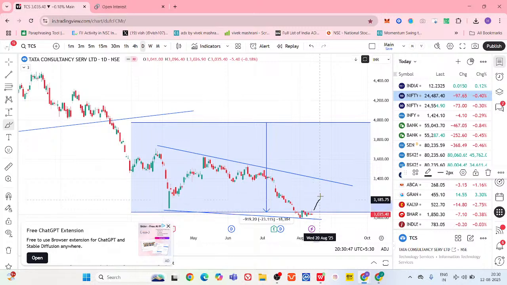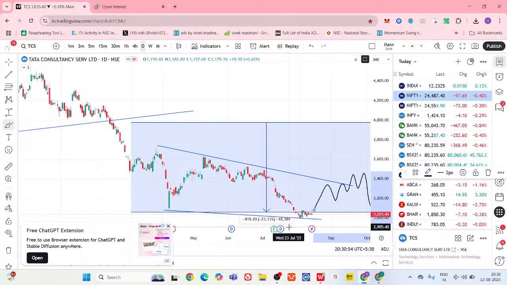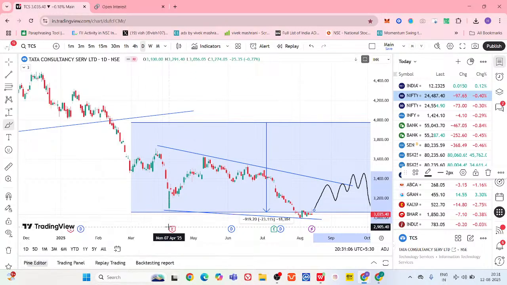If you are long, you can possibly look to exit here because it may again come down. You can try a small quantity to buy here, not in options. Maybe yes, futures, but with a hedge.